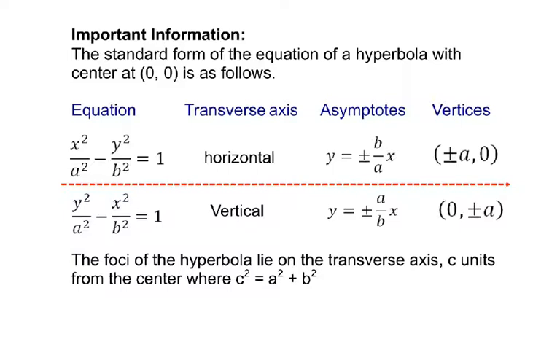If your transverse axis is vertical, then you're going to have an a squared under the y squared term. Your asymptotes are going to be a over b x, and your vertices will be at 0, plus or minus a. The foci of the hyperbola lie on the transverse axis, c units from the center, where c squared equals a squared plus b squared.